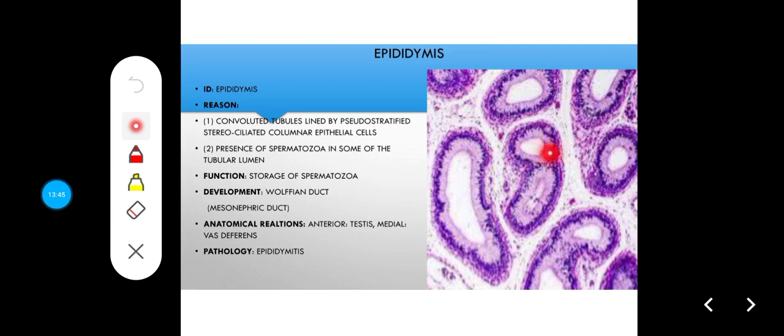Same thing here, clear-cut lumen. Then there is also presence of a few smooth muscle cells within the wall of the epididymis, though it's not very obvious here.